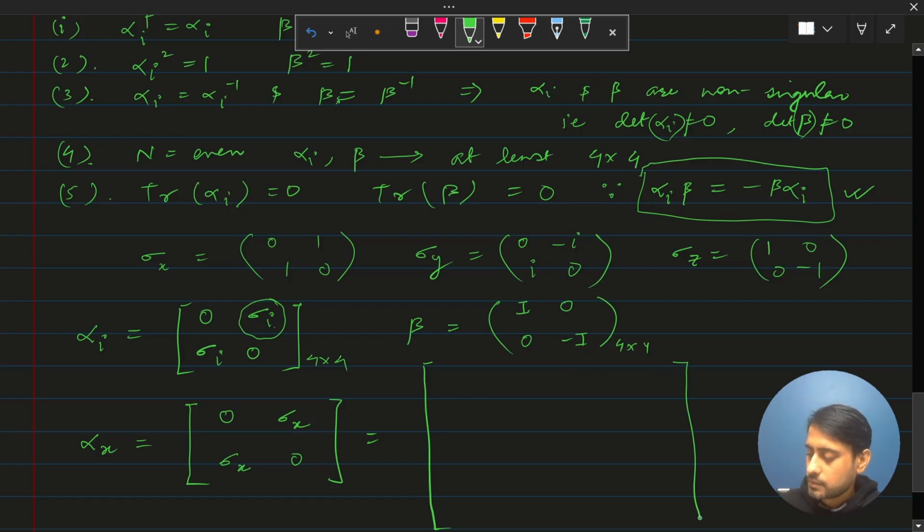Okay, so sigma x we can write it as, what is sigma x? This one. So 0 1 1 0. Okay, and here also we will write 0 1 1 0, and rest of the terms will be 0.